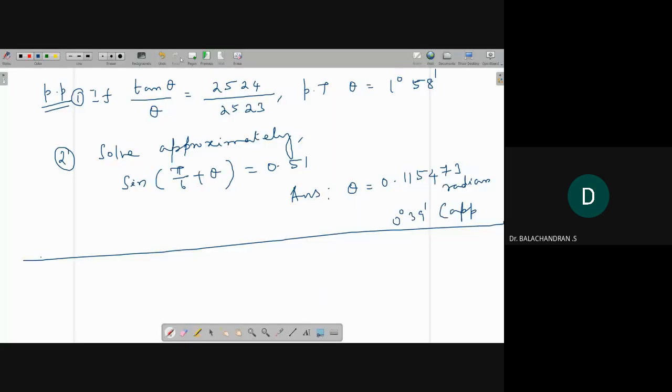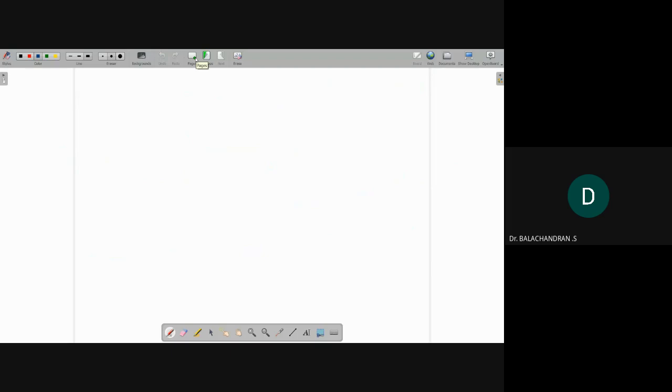So we'll do one more problem. Evaluate the limit as x tends to 0 of (x minus sin x) divided by x cube.